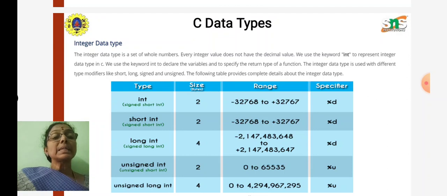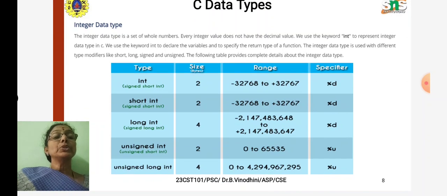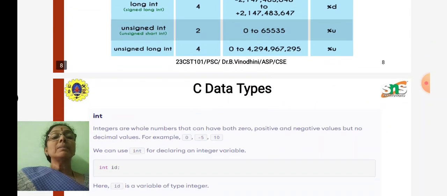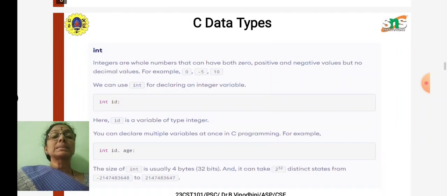If it is an unsigned int, we use percentage %u. This percentage %u is mainly used when you want to know the address of a pointer variable. When we use percentage %d for int, it returns an integer, the value that is in the variable.